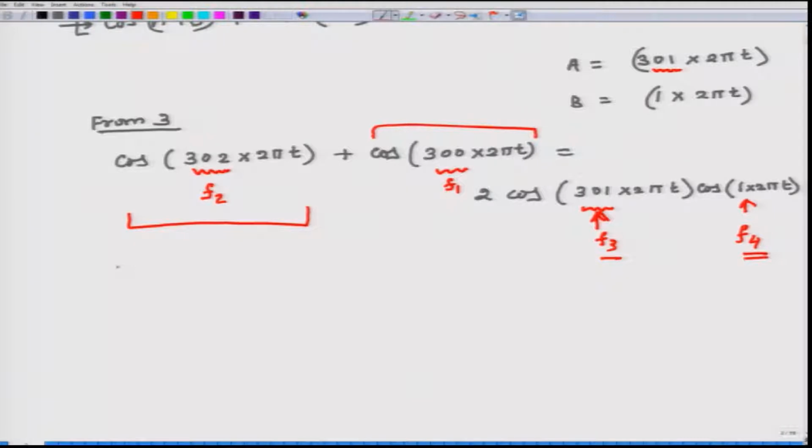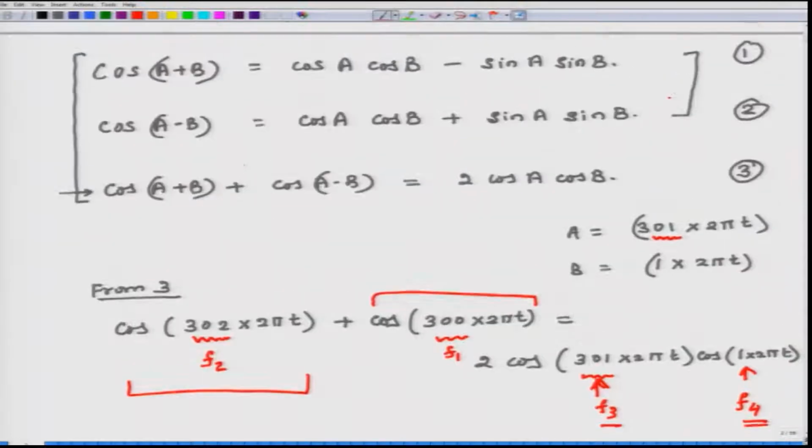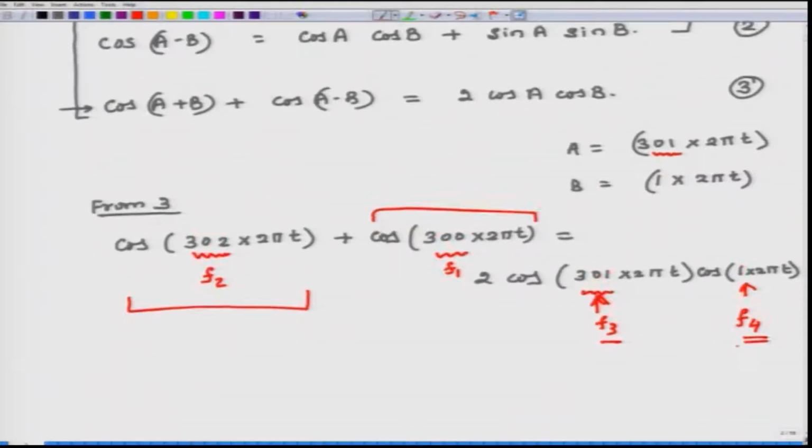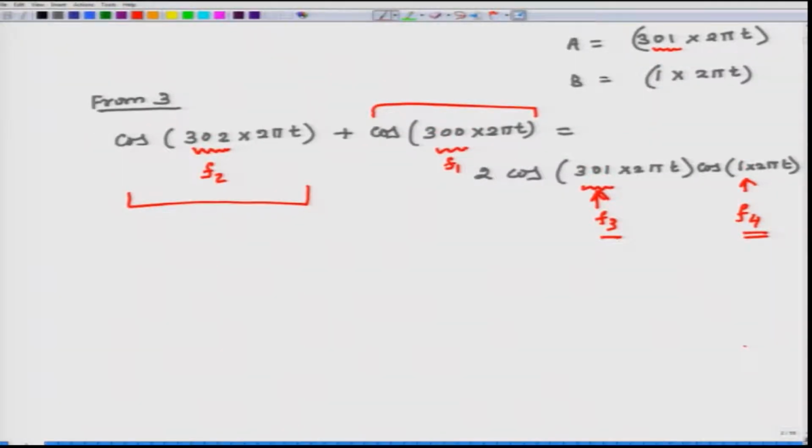In the third case we played the second and first frequencies simultaneously, and mathematically it is equal to twice a third frequency F3 times a fourth frequency F4. The value of F4 is 1, and F3 is 301. Where does this 301 come from? It is A, and B is 1 hertz.